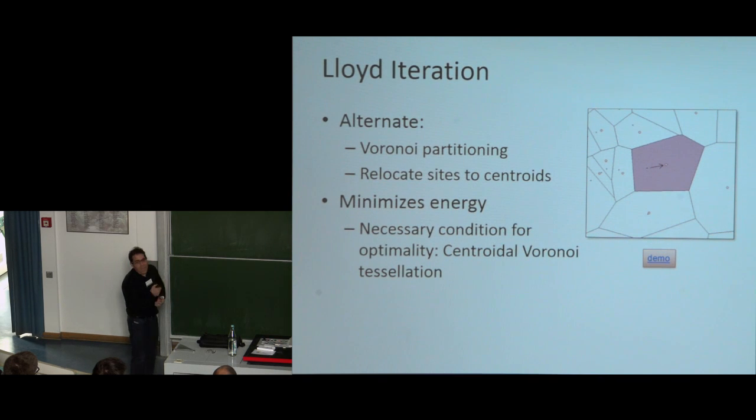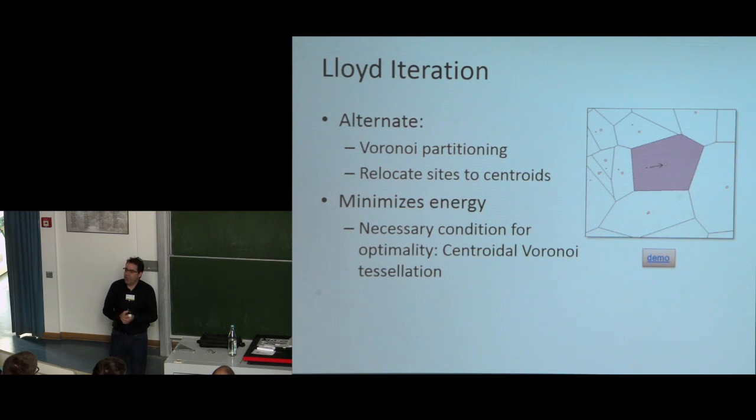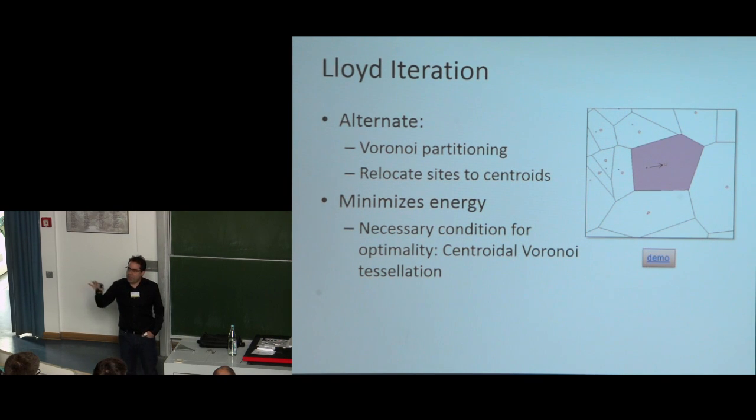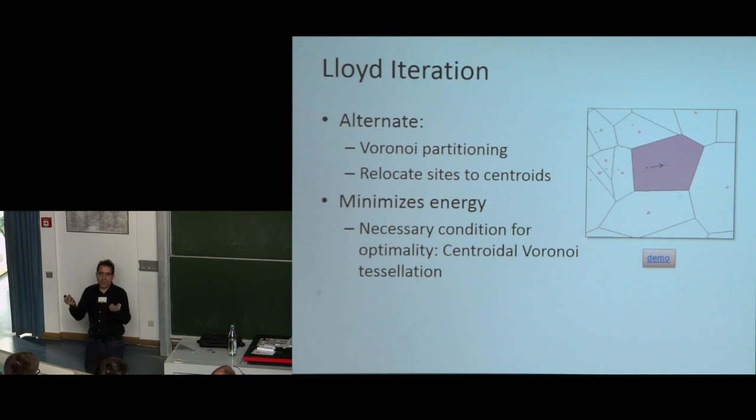So now there is an algorithm to minimize this energy. It's called the Lloyd Iteration, and this algorithm consists of doing the following. You compute the Voronoi partition. By the way, for a fixed set of points, it is the Voronoi partition that minimizes that energy. Because the Voronoi partition is based on the Euclidean distance.